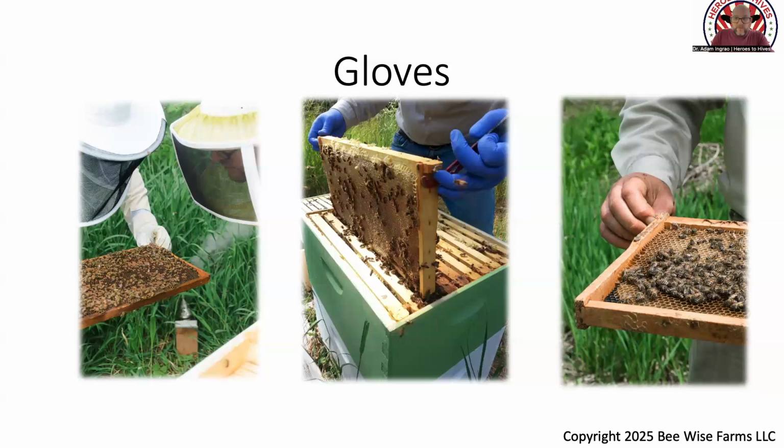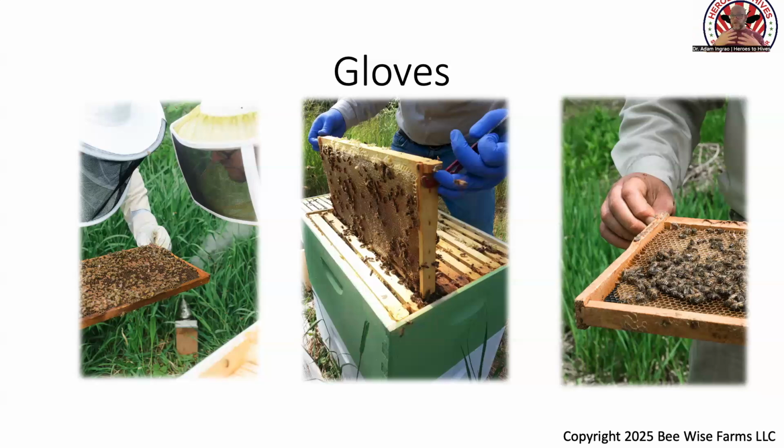This is something that everybody has, and it's something that most people start with. Although it provides maximum protection, most people buy one pair of these gloves, and it's the same pair that they wear every time they work their bees. These gloves can serve as reservoirs for pathogens. Things like American foulbrood spores can get on these gloves if you handle a diseased hive, and they stay on the gloves.